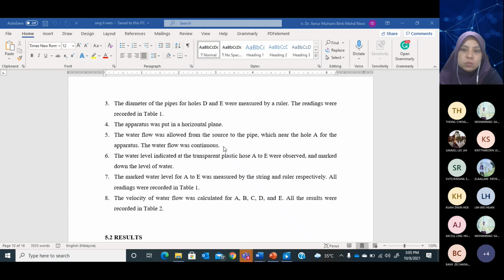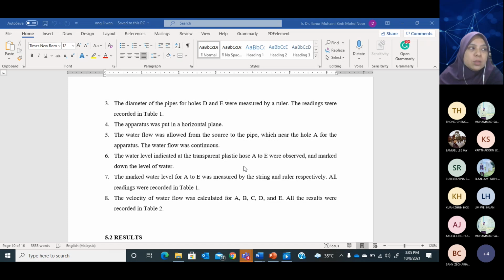You must mention what you assume. Assume no wind at that time. Assume water flow is stable. Here it mentions continuous only. Fast or slow, we don't know.